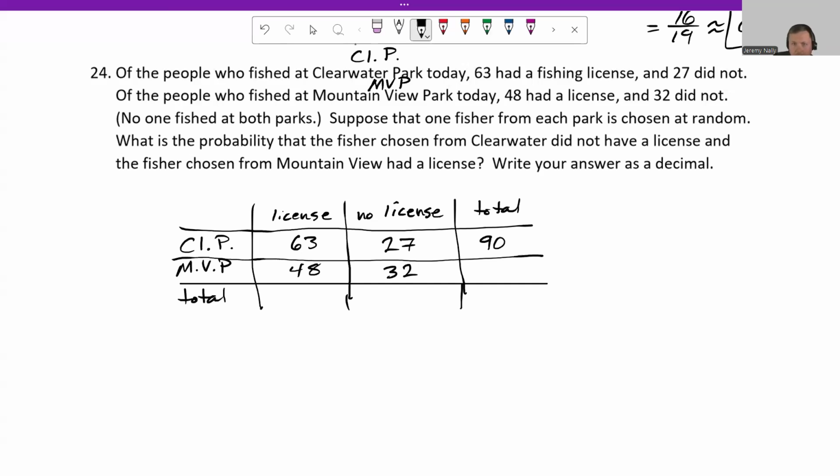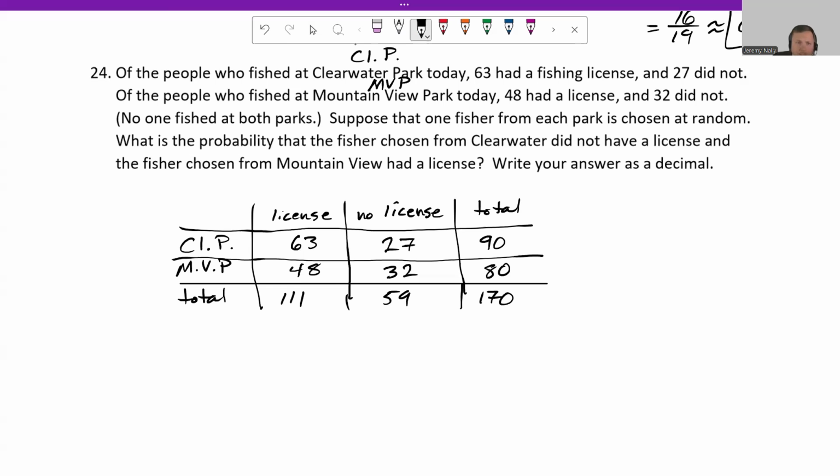And I can see that those add up to 80. So we're looking at 170 people total. And if I add these up, I get 111. And if I add these up, I get 59, and I can see that these also add up to 170.